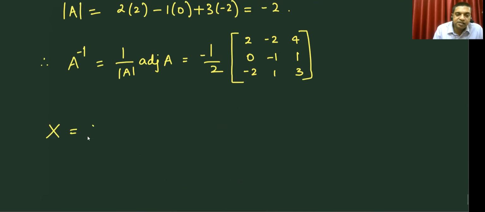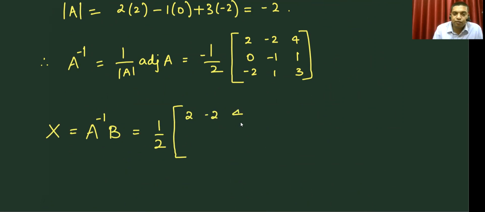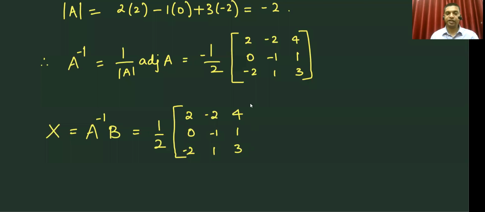So X is A inverse B. So half of 2 minus 2, 4, 0 minus 1, 1, and minus 2, 1, 3 multiplied by 9 6 2.